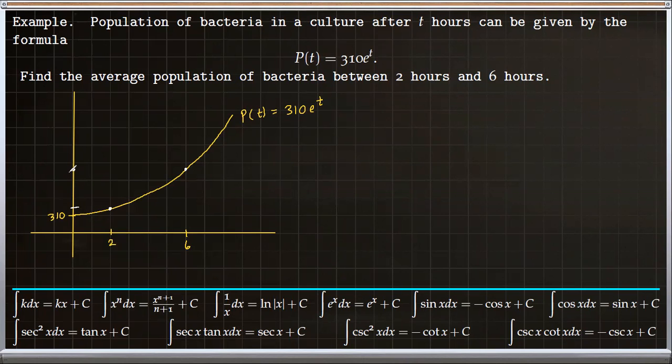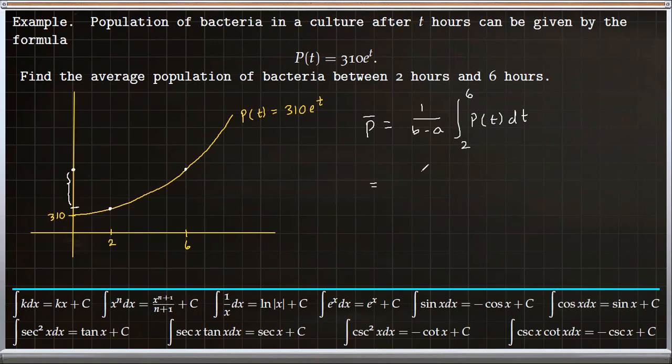So we are looking at the average value of the function between these 2 points. For that, we'll simply use the formula for average value. So average of P is 1 over b minus a. I'm going to write down the formula first: 1 over b minus a times the integral of P of t dt over the interval 2 to 6.